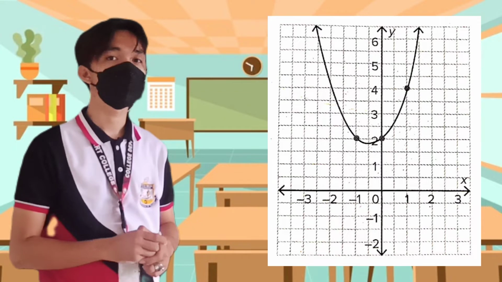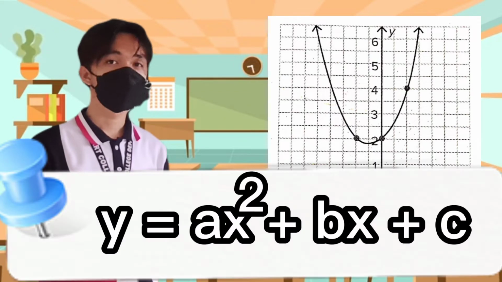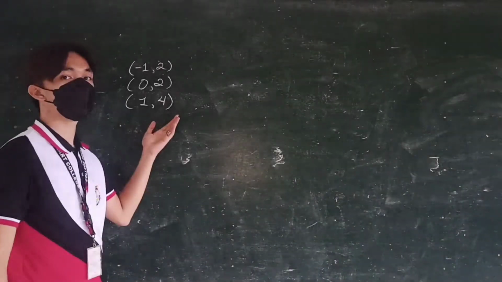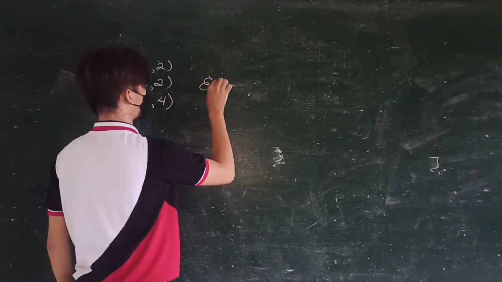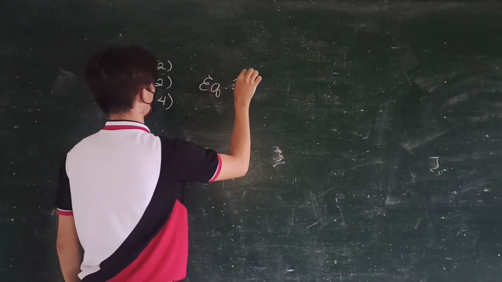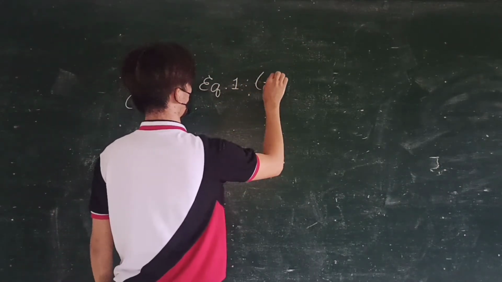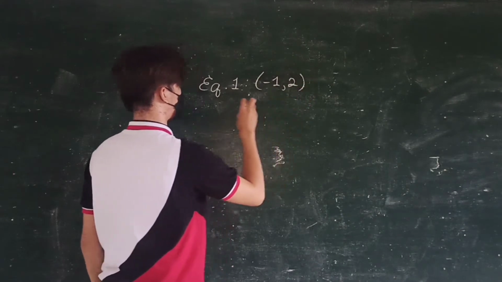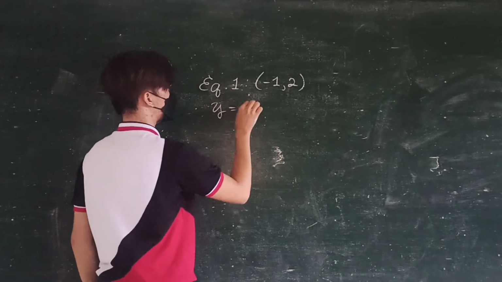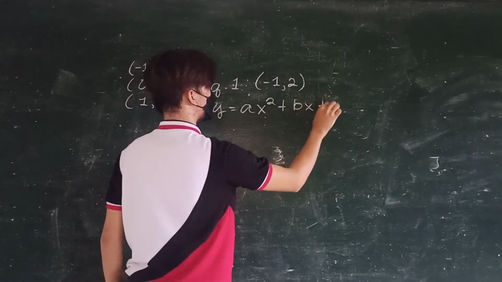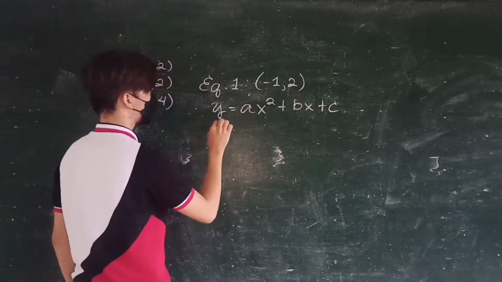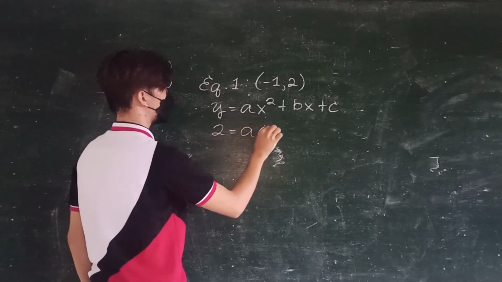Substitute the values of x and y in the equation y equals ax squared plus bx plus c. So these are the points coming from the graph earlier. So we start off with equation 1 using the first ordered pair, negative 1, 2. Just simply substitute this to the general form, y equals ax squared plus bx plus c.